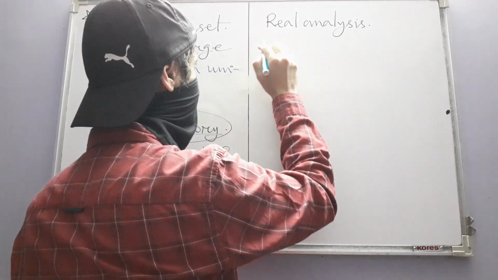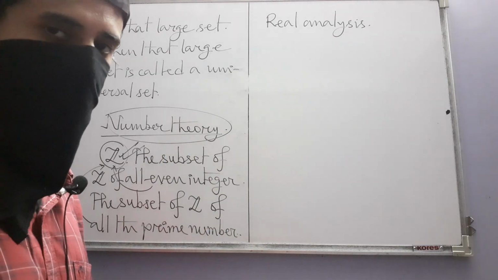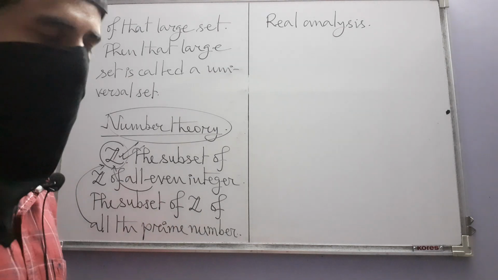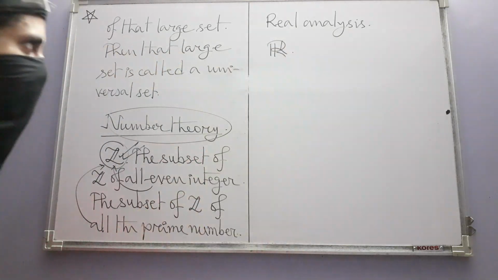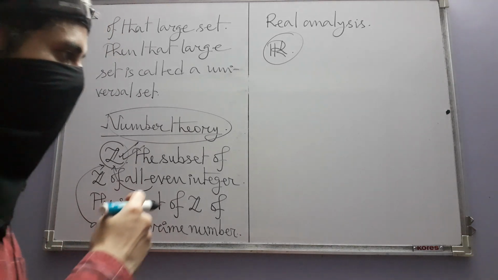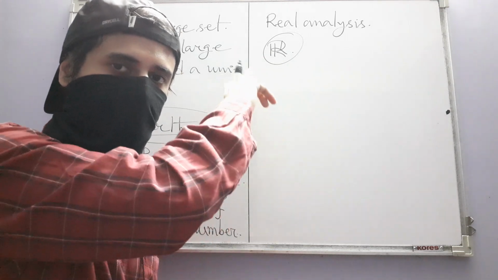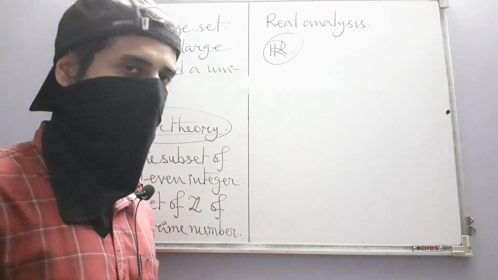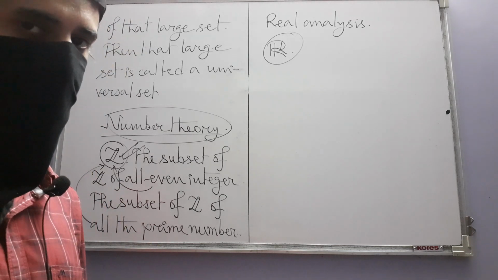So in that discussion, where real numbers are the main objects of interest, all of them are either elements of R or subsets of R. So in that discussion, this is a universal set. So in a given context, all the elements may be elements of a large set, and all the sets may be subsets of a large set. That large set will be called a universal set.